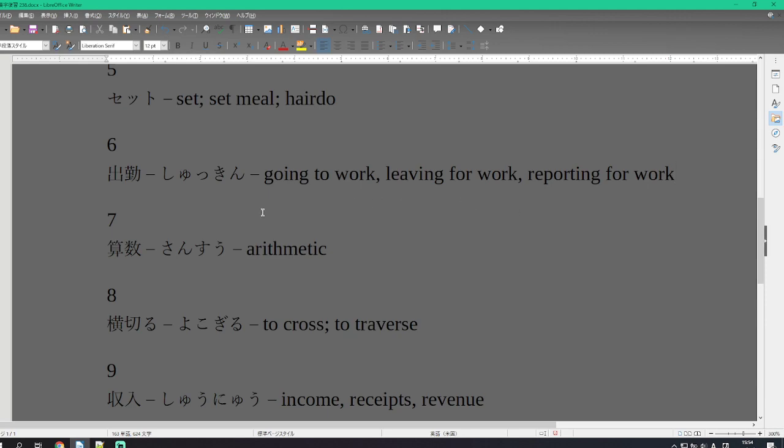Number 7 is sansu. San on the left side is a calculation or a summing up of things. Su on the right side is numbers. So counting numbers or summing numbers is arithmetic.